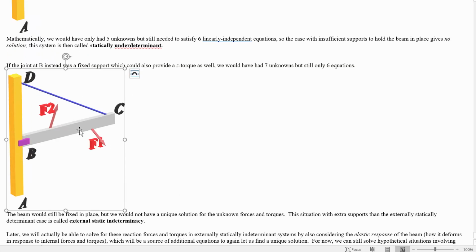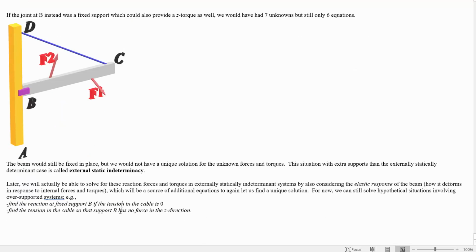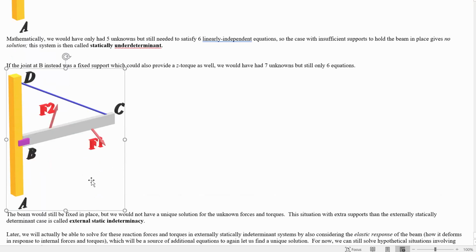Still, by eliminating a variable or asking some extra information about the variable, you can now solve this sort of a system. This setup, where you can't solve for it unless you get extra information, but it is going to be in static equilibrium, even though you can't solve for what the values of the forces and moments are, is called external static indeterminacy. So it's indeterminate what the forces and moments are going to be, but you know that it's going to hold still.